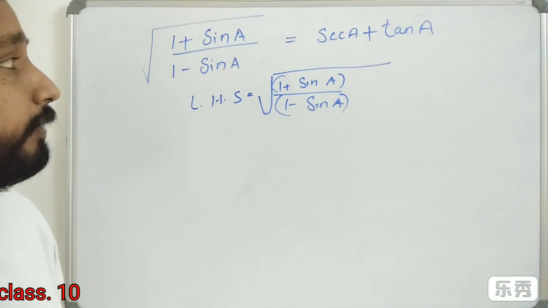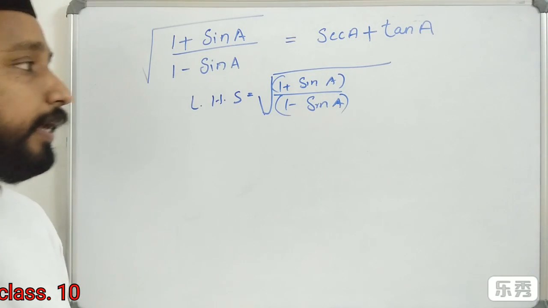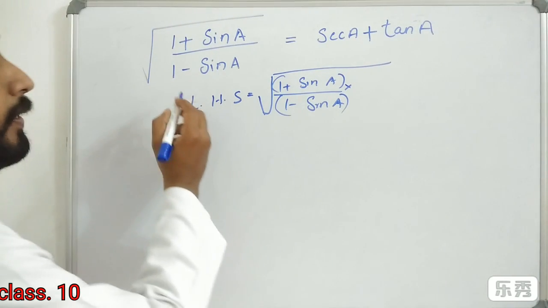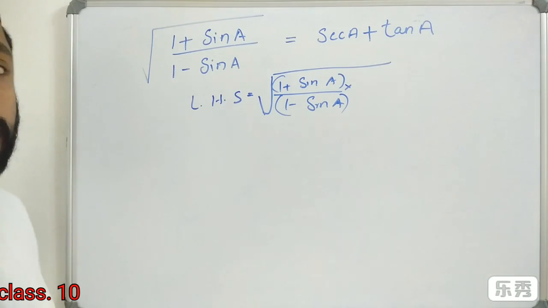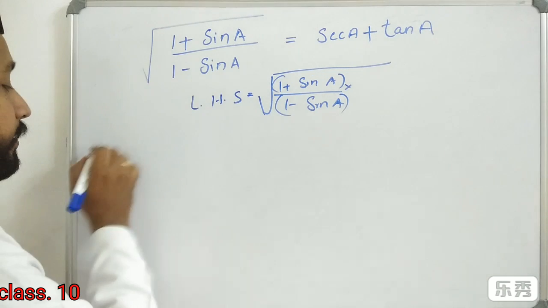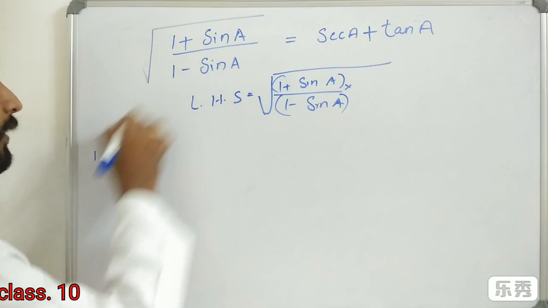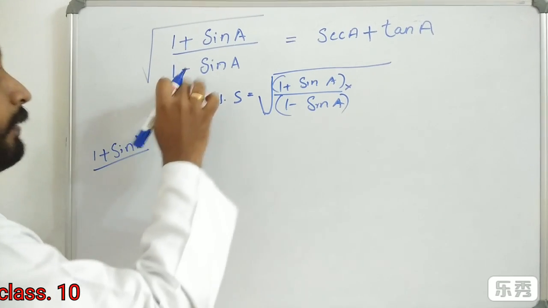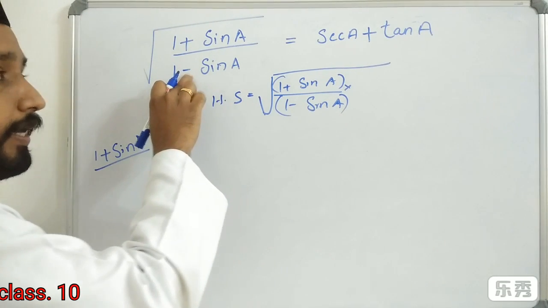We are going to multiply both numerator and denominator by the conjugate of the denominator. The conjugate of 1 minus sin a is 1 plus sin a. Conjugate of the denominator means we change the sign.